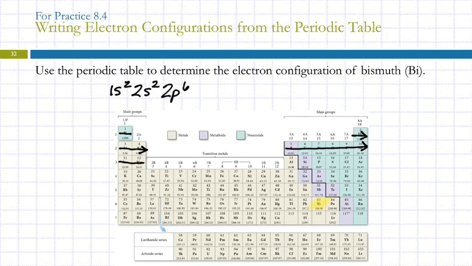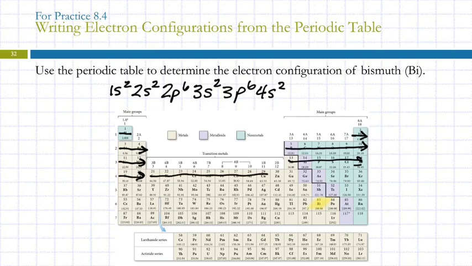And then 3s2, 3p6, 4s2, and this is where things start to get a little strange. This is 3d10, and then this is back to the regular numbering, 4p, all the way across, 1, 2, 3, 4, 5, 6. This is 5s2.